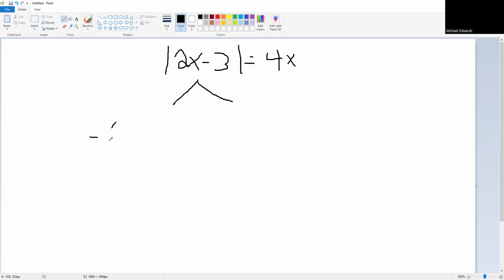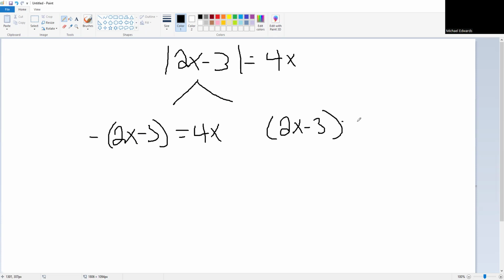So negative 2x minus 3 equals 4x. And then just 2x minus 3. I didn't have to write parentheses there, but I'm not sure why I did. I guess it was just for fun.